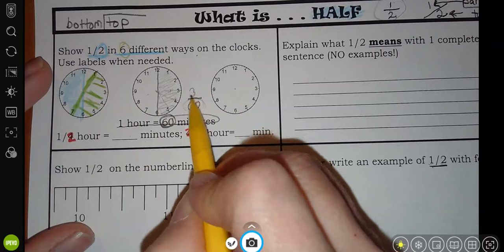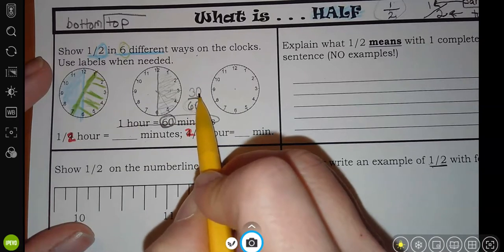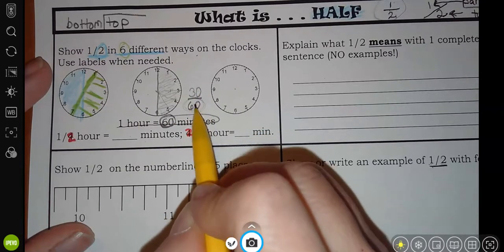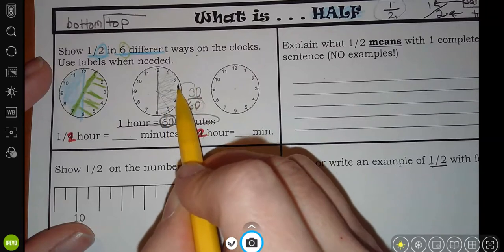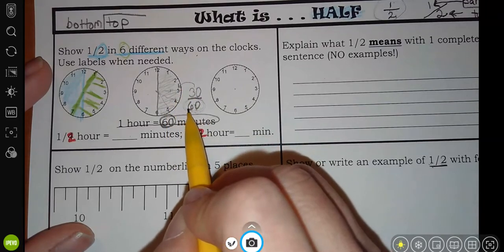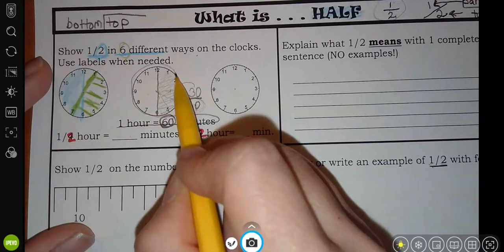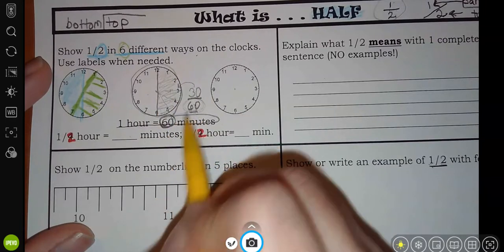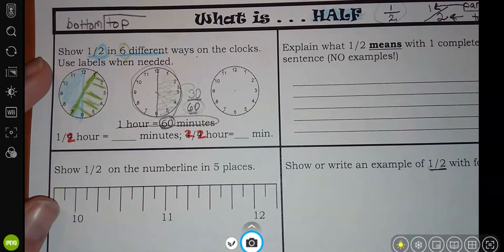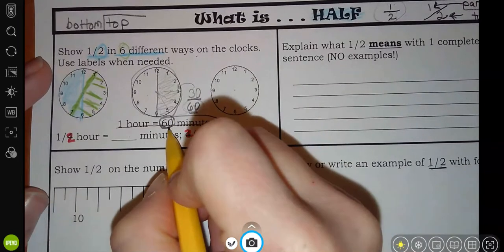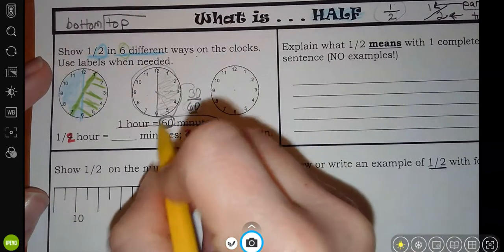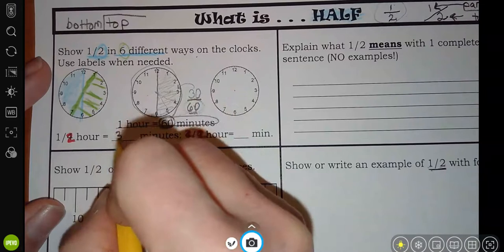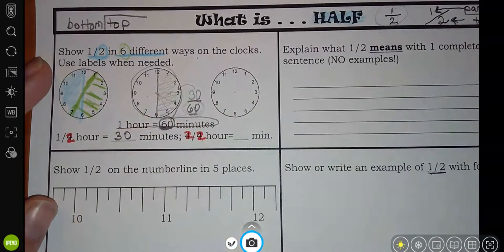Well, obviously there are going to be 30 minutes if I take just one out of those 2 sections that have 60 minutes total. So you can take fractions of a whole amount, and it's important that you start thinking that way.